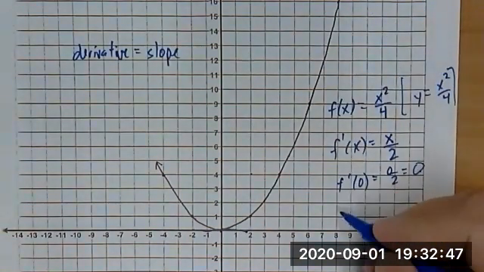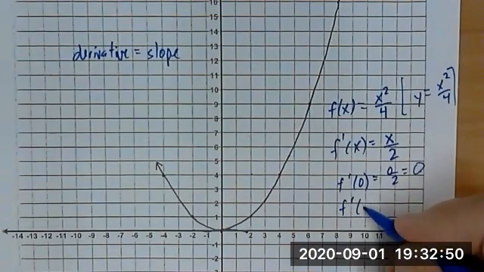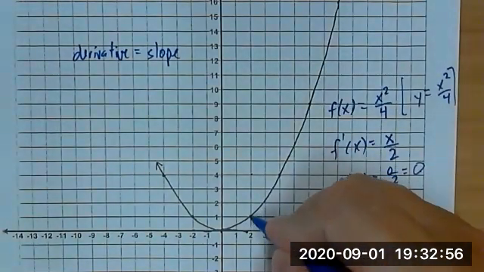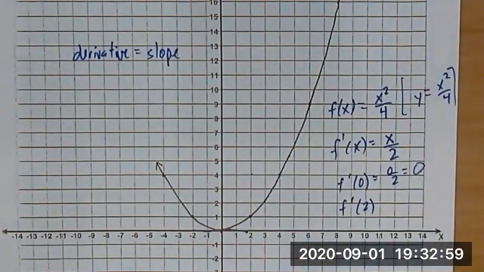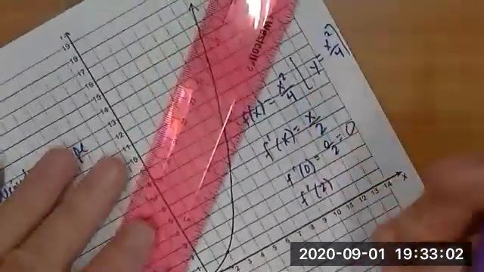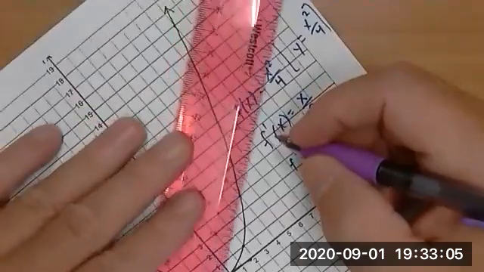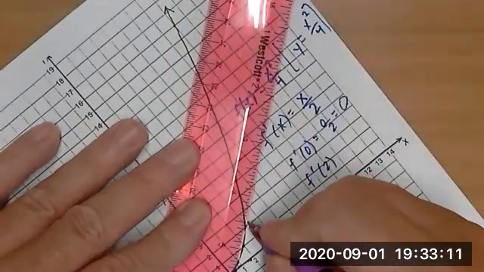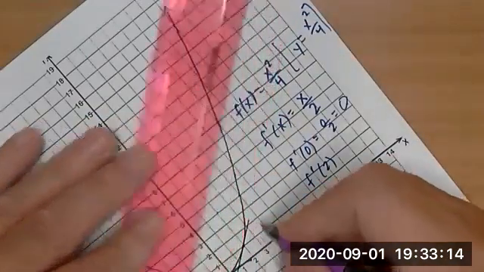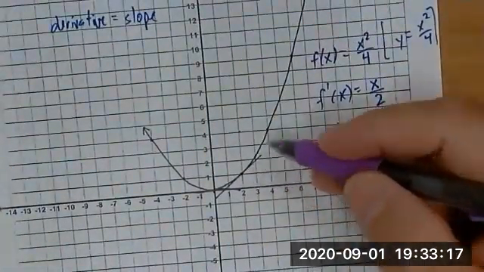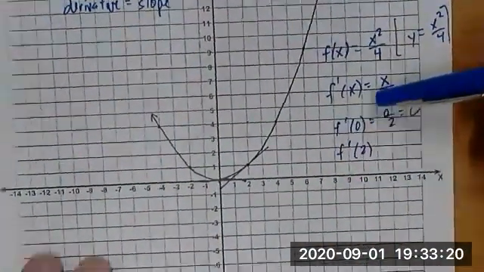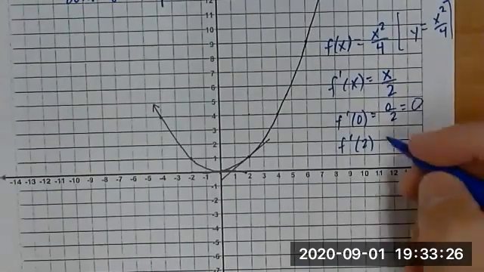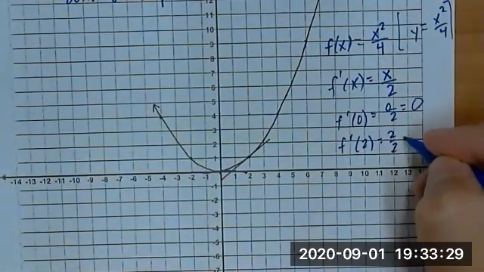How about someone says, hey, what's the slope of this curve when x is 2? Well, x is 2 is right here. Maybe I'll use my pen to be a little more precise. So the slope here is like the tangent line. Let's just draw the tangent line to see what it should look like. But I don't even need to do this graph because now that I have my first derivative, I plug in 2 for x. 2 over 2 is 1.